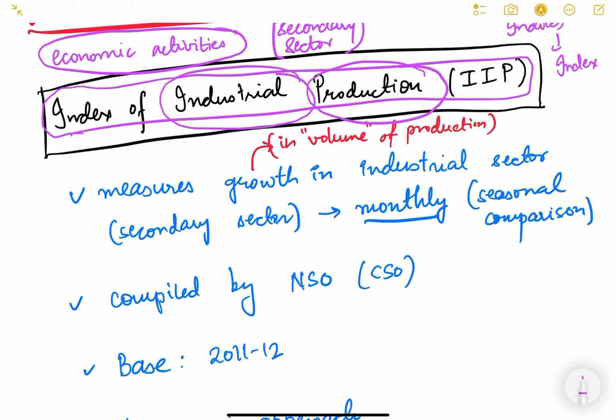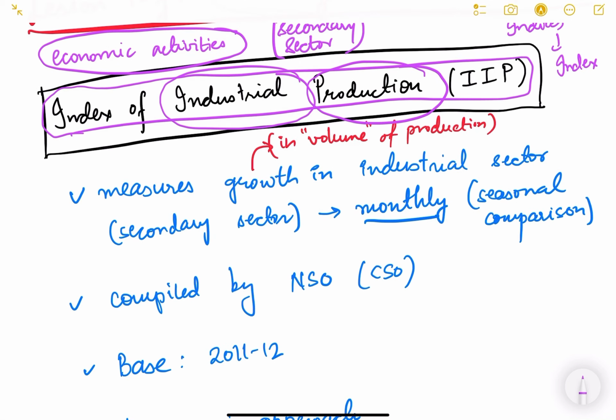Or intermediate goods. So depending on the use, it is categorized. IIP of basic goods is calculated differently, IIP of capital goods is calculated differently, and IIP of intermediate goods is also calculated differently. We have the raw data of all the industries, and however we want to group it, we can group it and find that index.